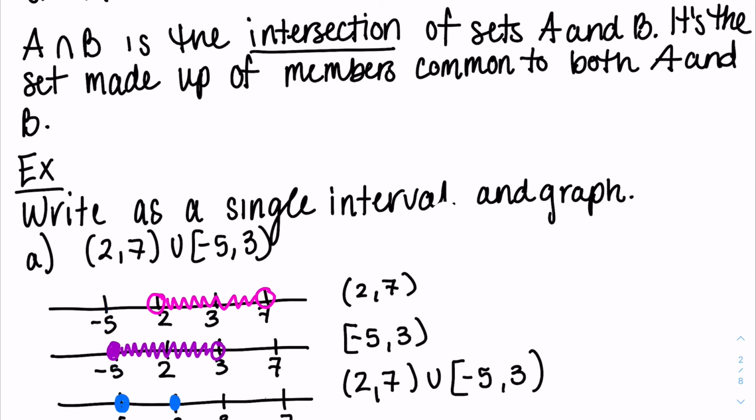Same thing with 2, it's at least in the middle one, so it's in the union. 3's in the first, so it's in the union. 7's not in either of these, but it's still kind of important, so I'm going to bring that open circle. And then for everything in between, it's in at least one of those sets. So the union of these two is starting at -5 up to 7, can equal -5, but not 7.